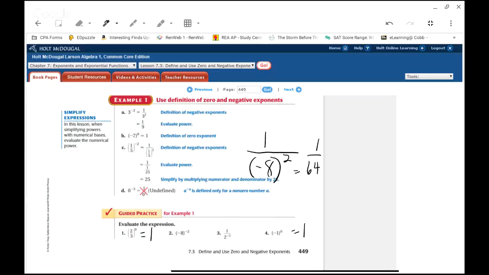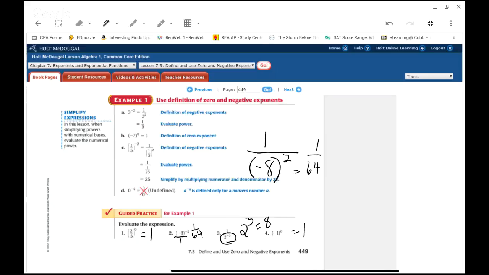On number 3, because the negative is in the denominator, it pushes it up. So that means we're going to rewrite this. Since that negative is in the denominator, it now pushes to the numerator, and you remove the negative. So if it's here, this is the same, remember, as negative 8 over 1.